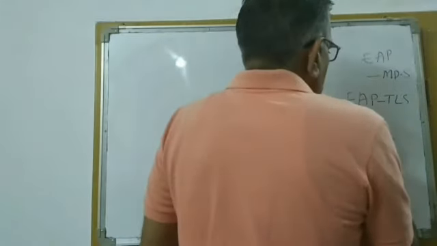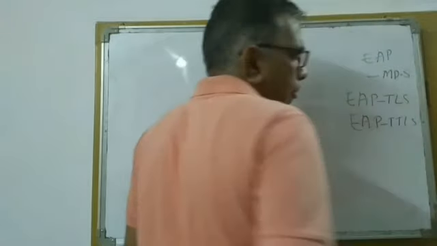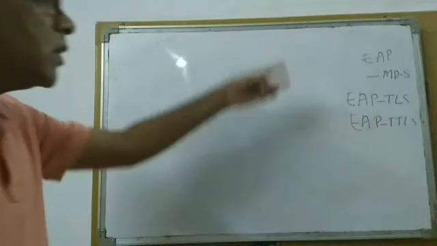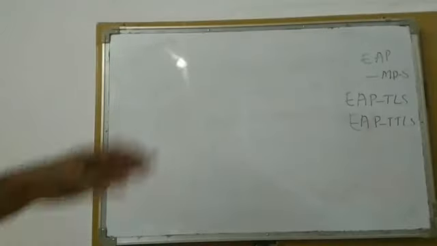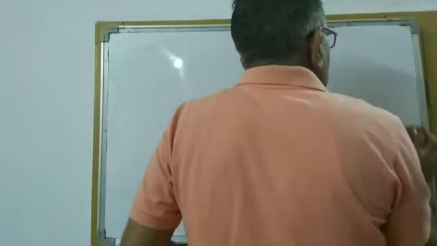The higher version of it is EAP-TTLS. These are a few. Apart from this, a few more are there, but we will concentrate our discussion only on these two. Fine, we'll see how exactly the authentication process happens.